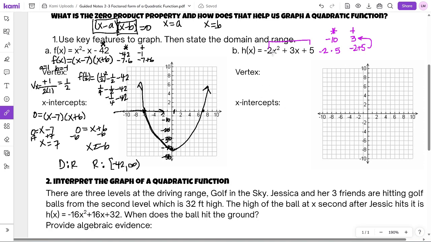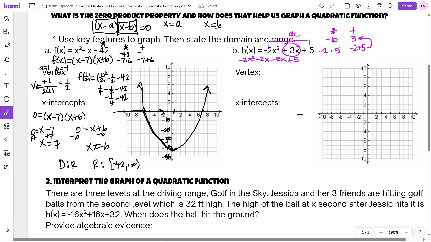Now this is the AC method because I have a negative 2 here. It doesn't matter which factor you put first, but I'm going to rename this middle term with negative 2x and 5x. So I have negative 2x squared minus 2x plus 5x plus 5. So this is the AC method.